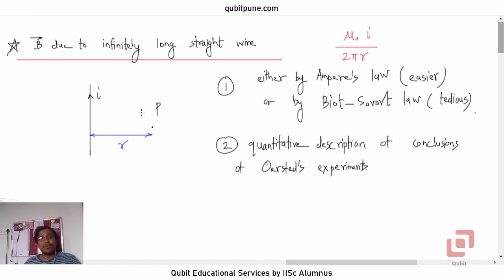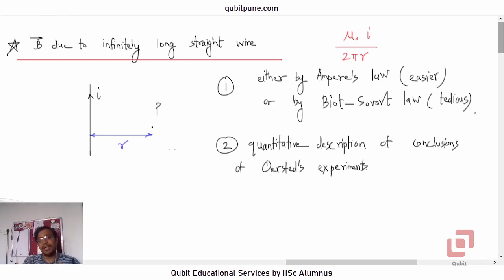Suppose you take a point P, and it doesn't matter where you keep P on this particular line parallel to the conductor, because the conductor itself is infinitely long. Let the perpendicular distance from P to the conductor be R. The magnetic field at this point is mu naught I upon 2 pi R. The direction is given by the right hand curled fingers rule.